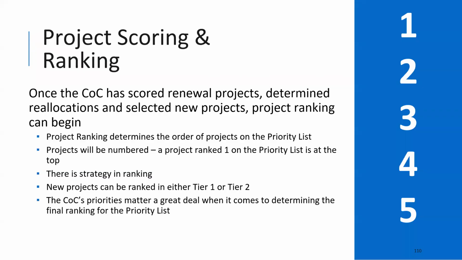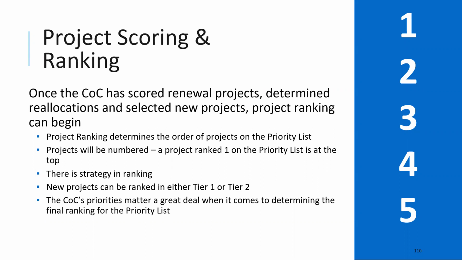In terms of the scoring and ranking, once the CoC has scored renewal projects, determined reallocations, and selected new projects, then you move forward on the project ranking. The project ranking determines what order your projects are going to be in on the priority list. Projects are basically numbered from 1 to however many projects you have, and then the projects end up being in either tier 1 or tier 2.